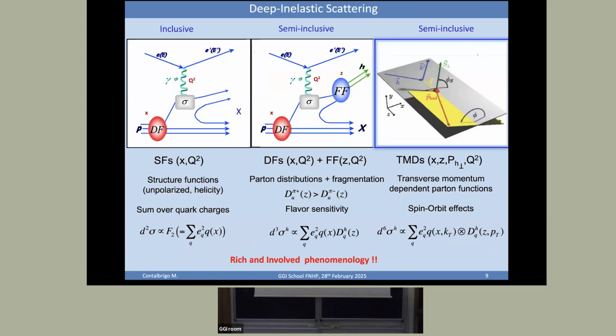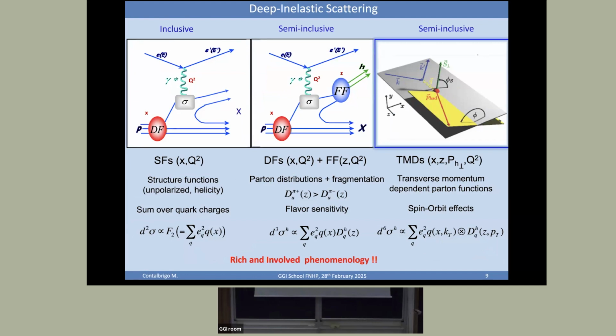So what can we do? The approach now is to make a further step and not only measure the type of the hadron, but also the kinematics of the final state, okay? And pretend that the kinematics you measure is related to the pristine kinematics of the parton within that confined object. In this case, you turn on the information of the transverse momentum of the hadron.